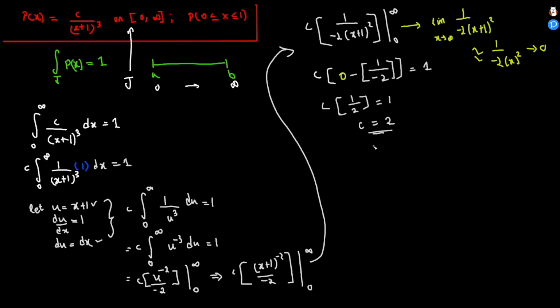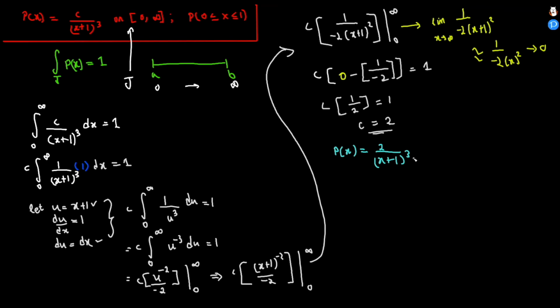Alright, so now that we have c equals 2, we can just plug this c back in here. So the probability of x equals 2 over (x plus 1) cubed.